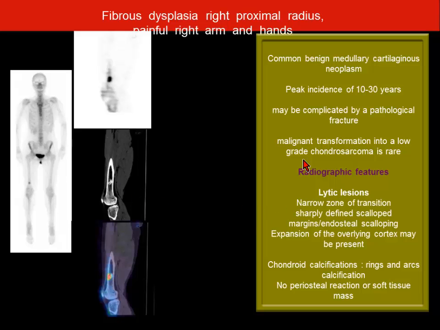And whenever you see such findings, you have to look for whether there is any narrow zone of transition, whether it's sharply demarcated, or whether it's solitary or multiple, or whether it is expanding, or it is overlying the cortex, all these factors have to be taken into consideration. But again, whenever you are in doubt, the next investigation of choice will be to do an MRI or refer this to a bone tumor clinic. So they will just exclude whether it's benign or malignant.